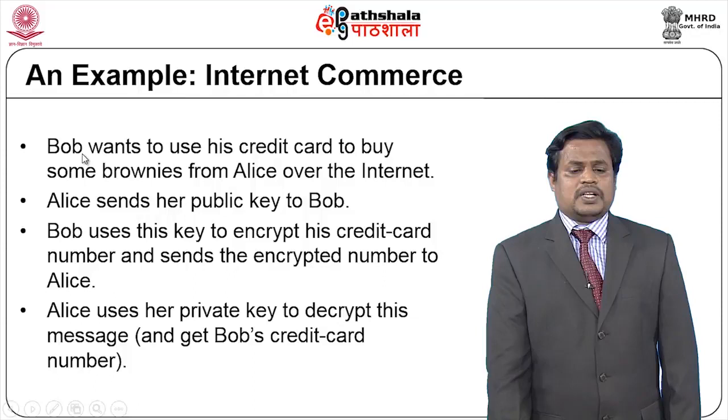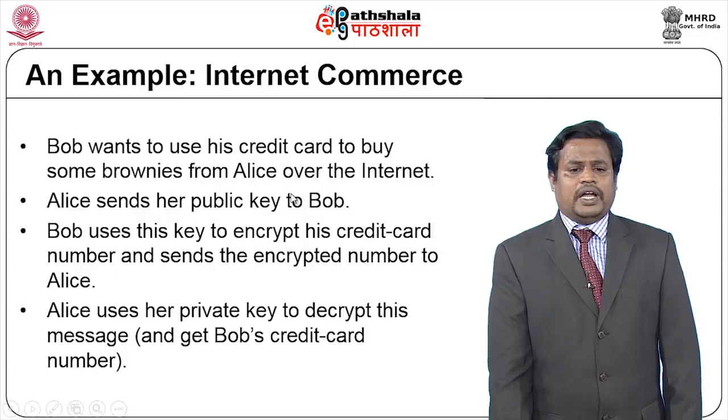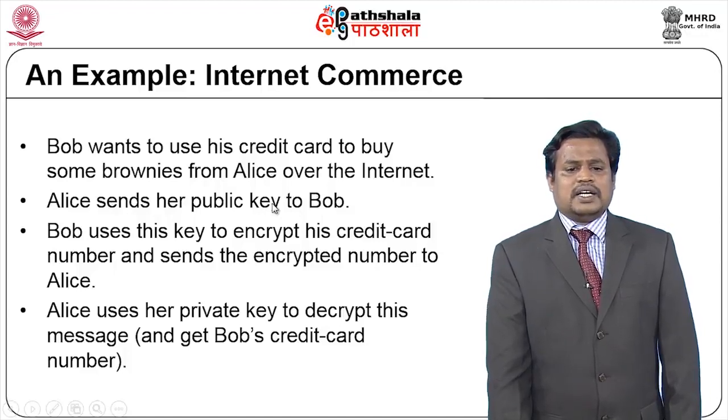So, now we can understand: Bob wants to use a credit card to buy some brownies from Alice. Bob cannot send the credit card in plain text over an open or unsecured channel. He needs to encrypt the credit card. How can we encrypt? I need Alice's public key. So, Alice sends her public key to Bob.